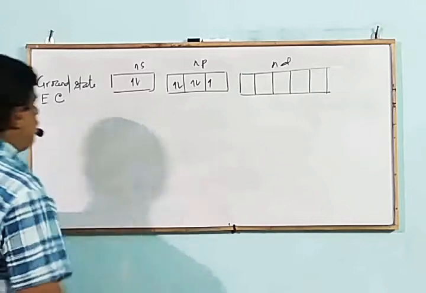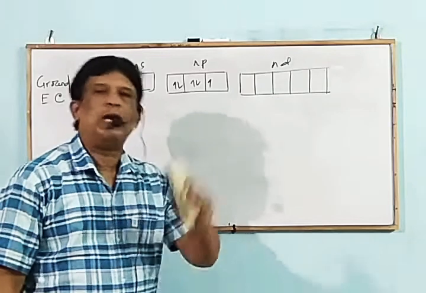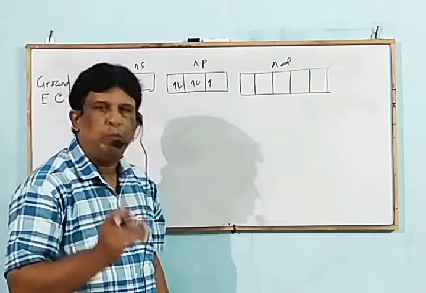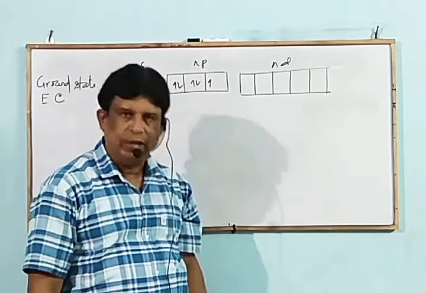It is the electronic configuration of the halogen family other than fluorine, that is, chlorine, bromine, iodine, astatine, where there is a presence of d orbital.